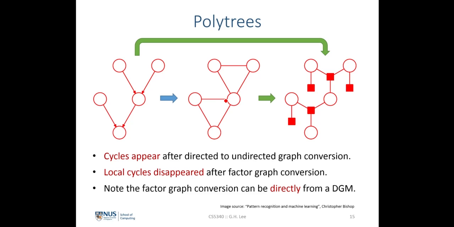But here we can apply the factor graph conversion to this undirected graphical model that represents the poly tree with local cycles, and it becomes a tree structure, where we simply lump all these clique potentials together into one particular potential. This becomes a tree structure on which we can still perform the same sum product algorithm for inference.